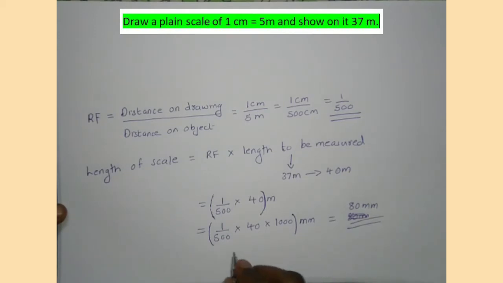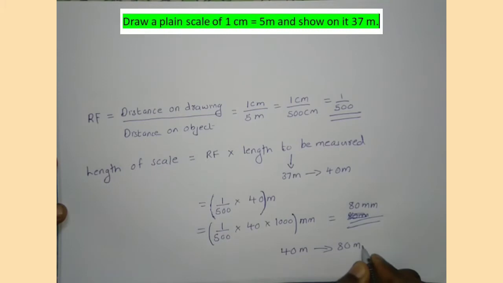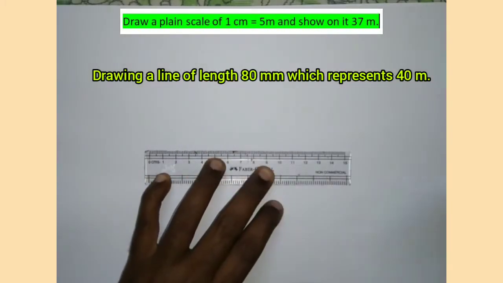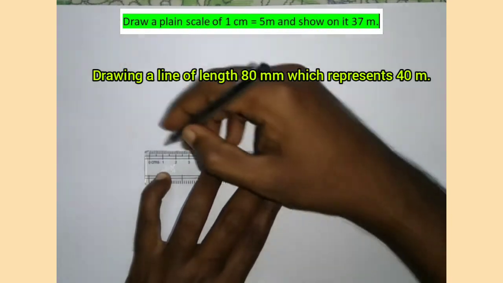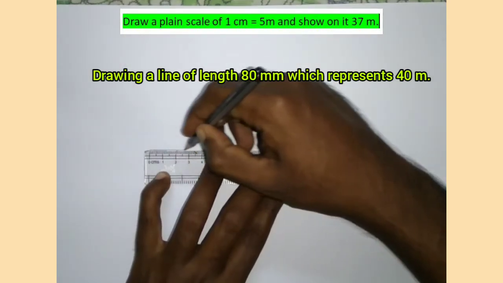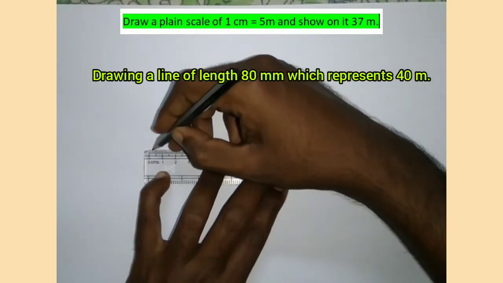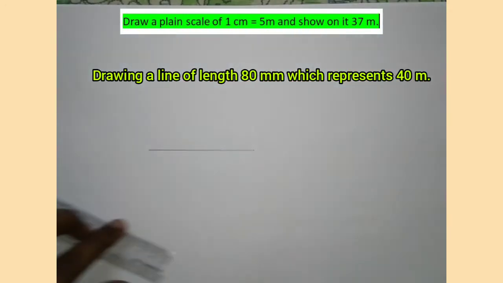Here 40 meter is represented as 80 millimeter. Now I am drawing a line of length 80 mm and marking it as AB. This 80 mm represents 40 meter.